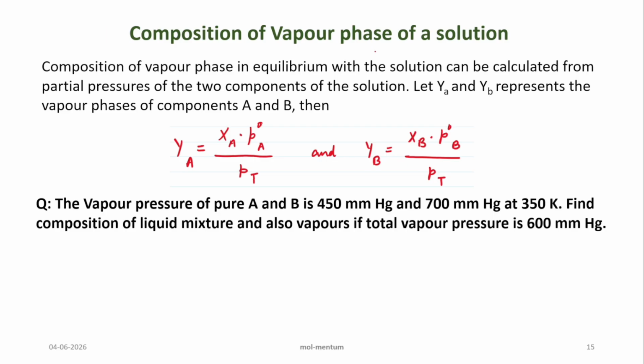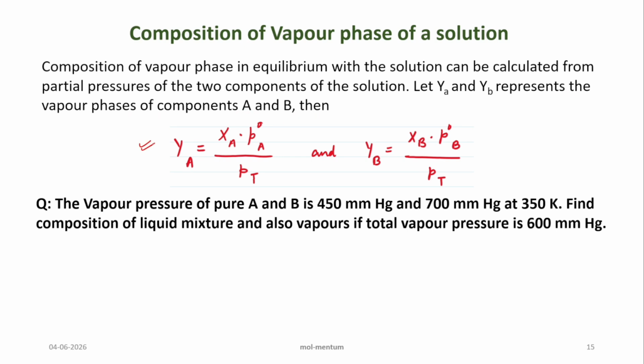So we can also calculate the mole fraction or composition of the vapors. The composition of the vapor phase in equilibrium with the solution can be calculated from the partial pressures of the two components of the solution. This is represented as YA and YB.